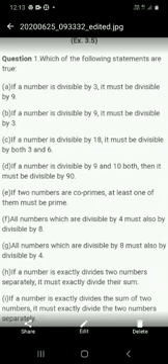Now F, all numbers which are divisible by 4 must also be divisible by 8. Your answer is false. Now G, all numbers which are divisible by 8 must also be divisible by 4. It is true. H, if a number exactly divides two numbers separately, it must exactly divide their sum.